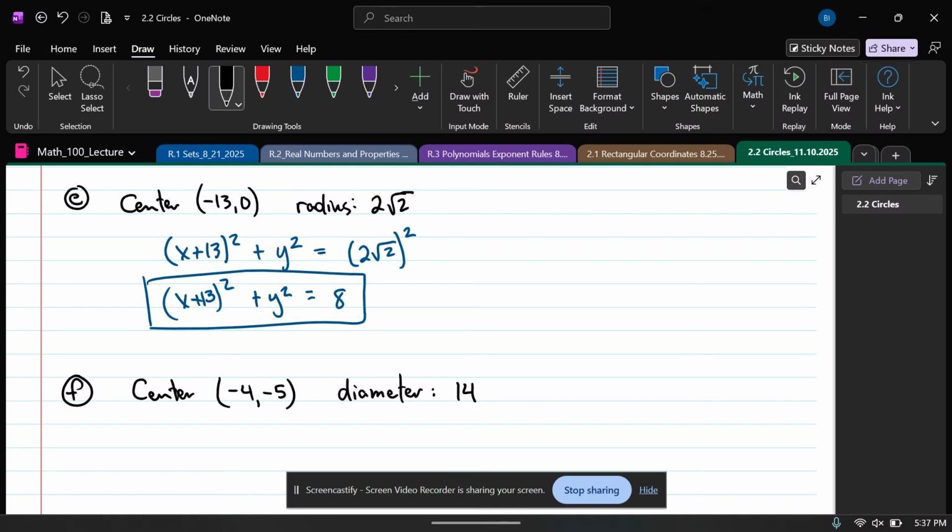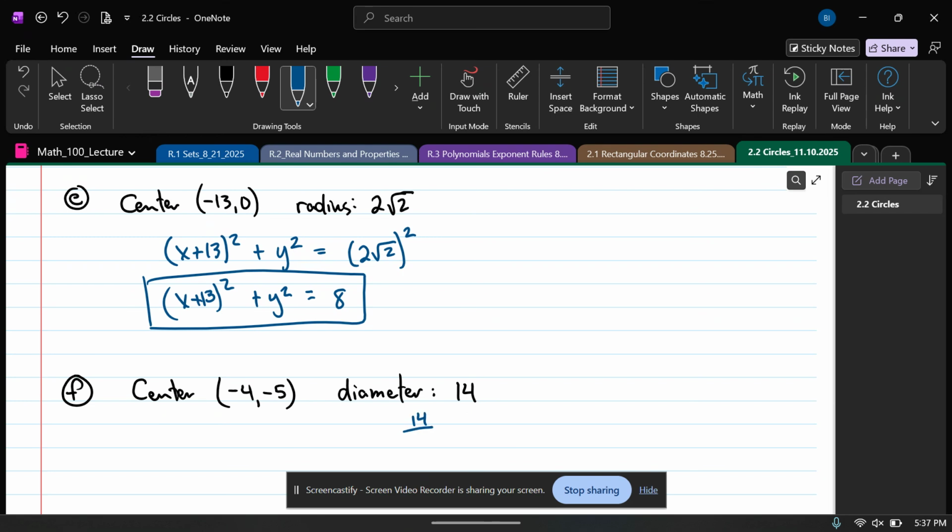A little of what they call general knowledge here that they expect you to know, even though it's not something you would have learned in this course. What do we know about a diameter of a circle? It's not circumference. Diameter would be two of the radius, all the way across. So it's the radius twice. So to find the radius, we're going to take that and divide it by 2.